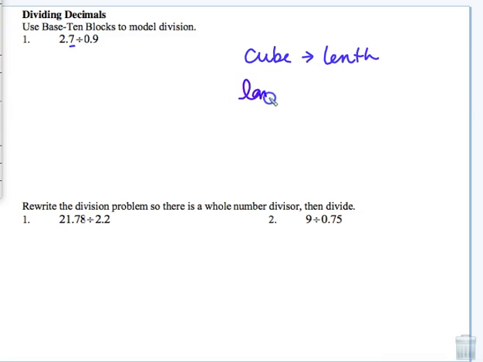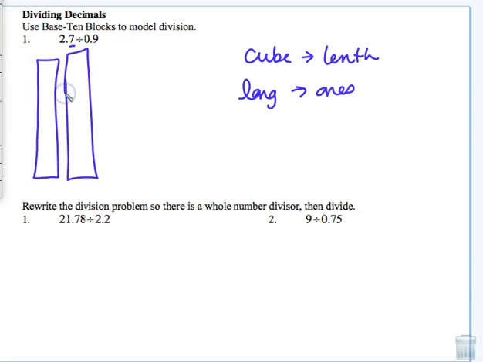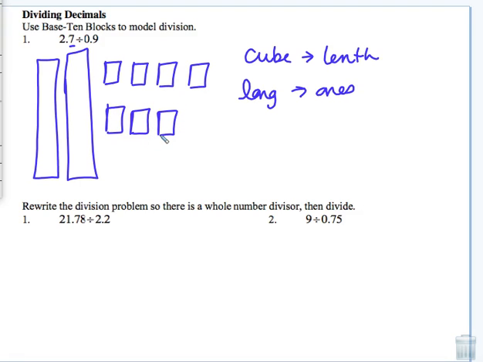And then a long for this one is going to represent the ones place. So what I have is 2 longs, and then I have 7/10: 1, 2, 3, 4, 5, 6, 7. So that's 2 7/10.